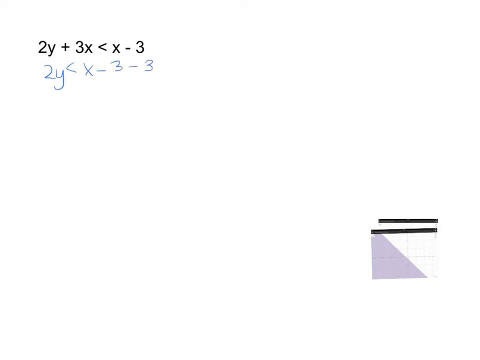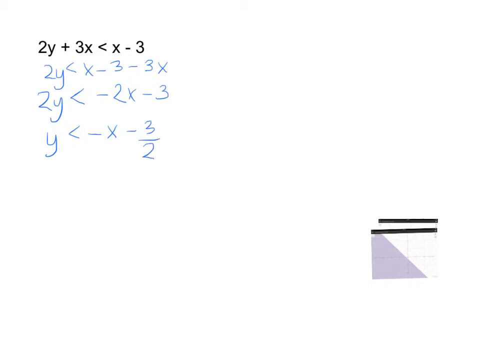I'm going to subtract 3x. So I have 2y is less than -2x minus 3. And then divide by 2. So we'll have y is less than -x minus 3 over 2.